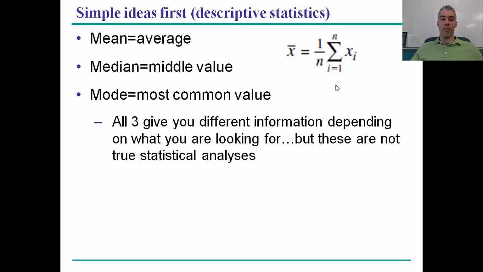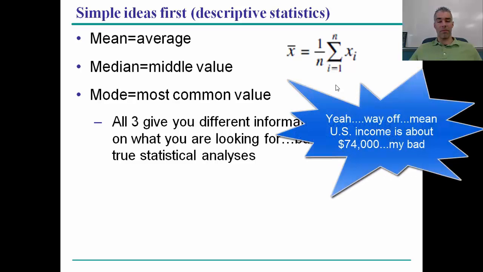The median is the middle value. A difference between mean and median I like to use is the average income level of a family in the United States. I don't have the numbers exactly, but let's say the mean income in the United States is like $50,000 per family, maybe a little bit higher.